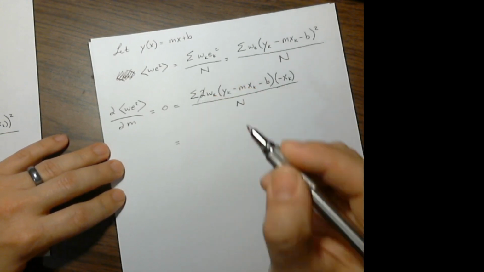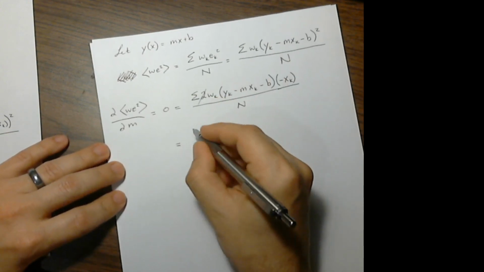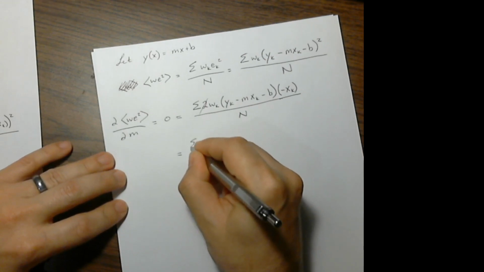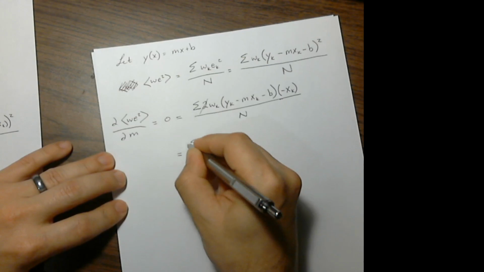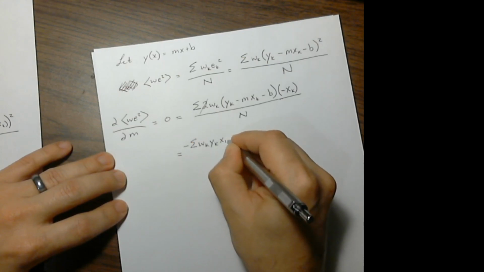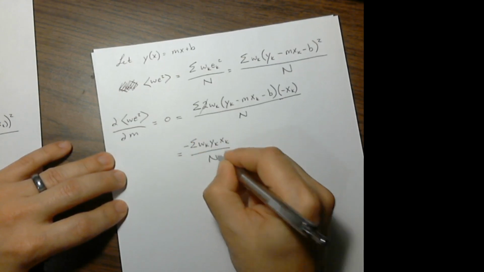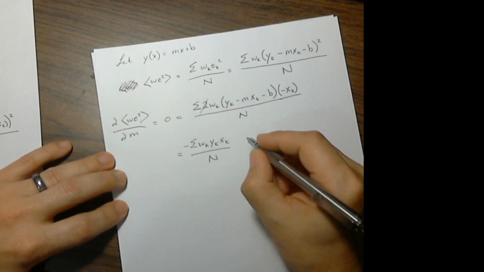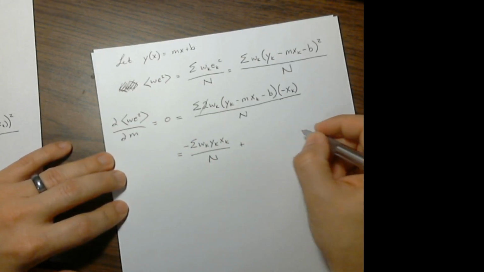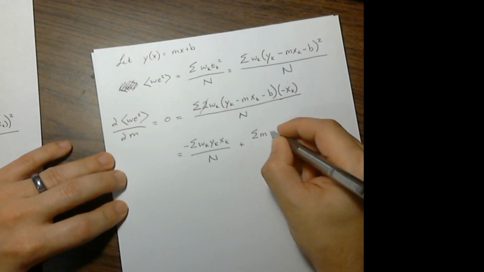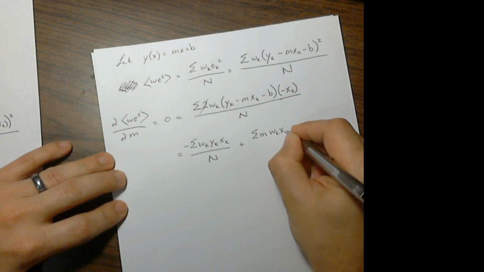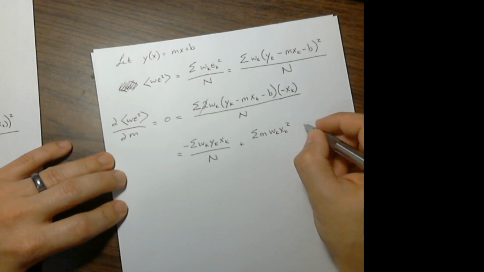So we can get rid of the 2, and then we can split this into individual terms. Here's what we'll be left with. That's different looking. I'll go ahead and leave my m inside.